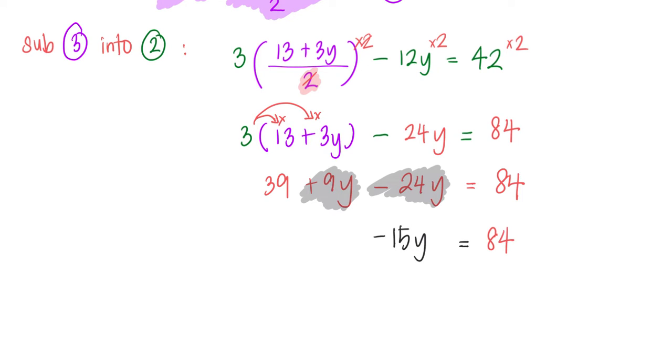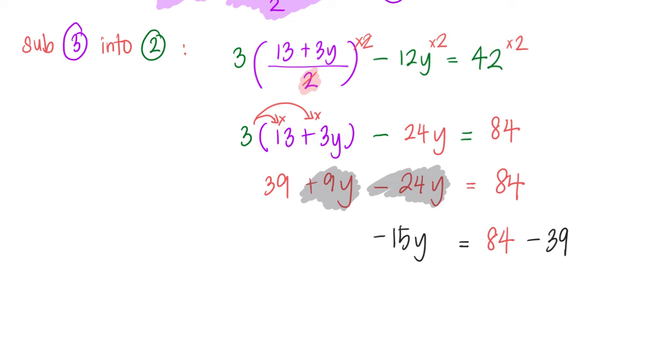And 84. What do you think we should do to the 39? Yes, we should minus 39 on both sides. So in case you're wondering what happened to the 39 on the left hand side, we are actually minusing 39 on both sides. So this one will be equal to 0. Okay, so that is what you see.